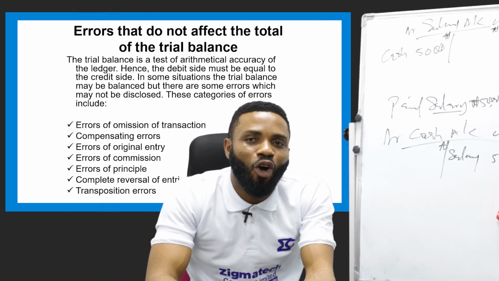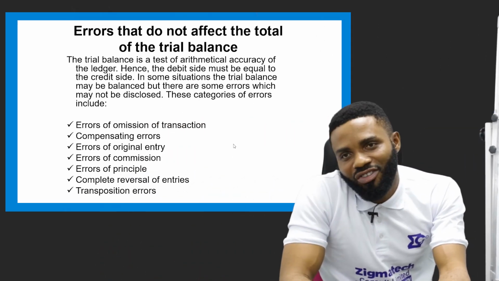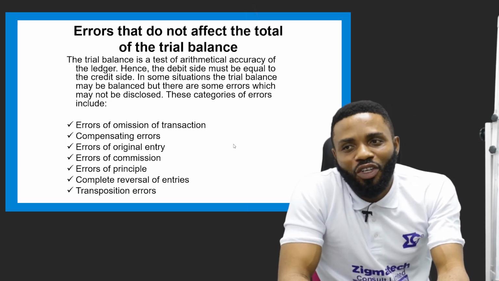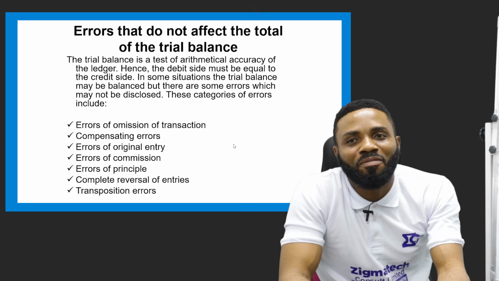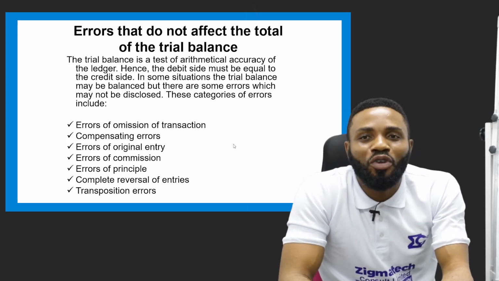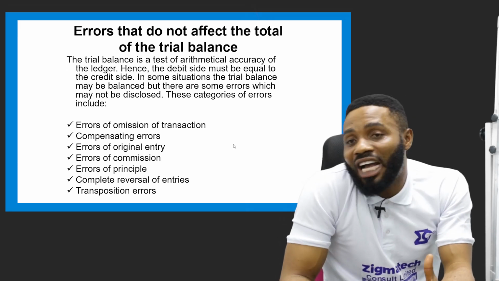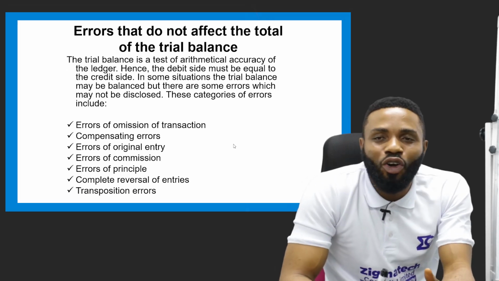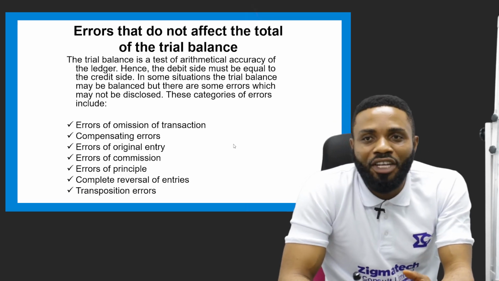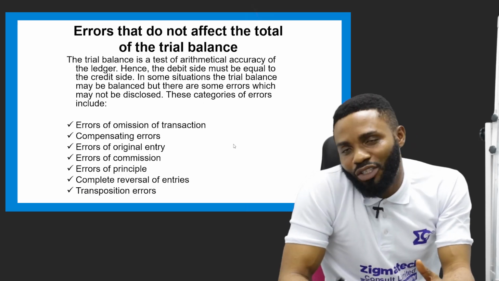The next one is what we call compensating errors. Compensating error here is derived from what we call compensation. You did something for somebody and you are expecting reward. You say, please pay me. I deserve to be compensated. So there are errors that compensate themselves. When errors of the same nature and strength are made, they can cancel out.